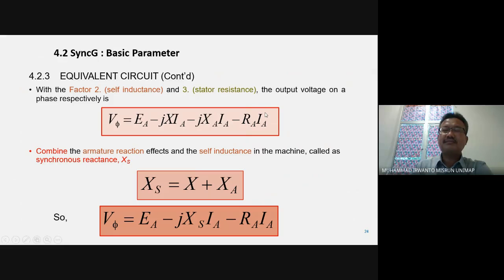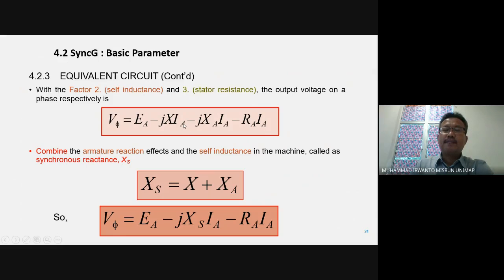The current flowing through the armature reactance and the armature resistance is the same, given by IA.